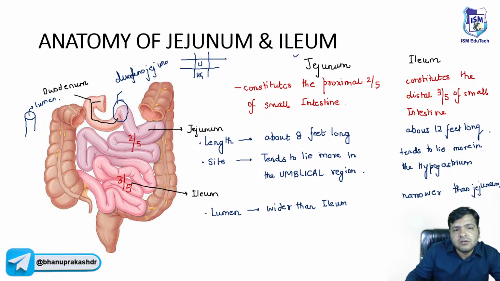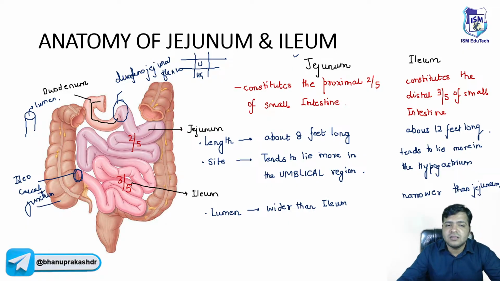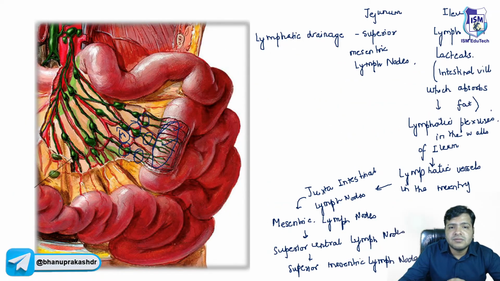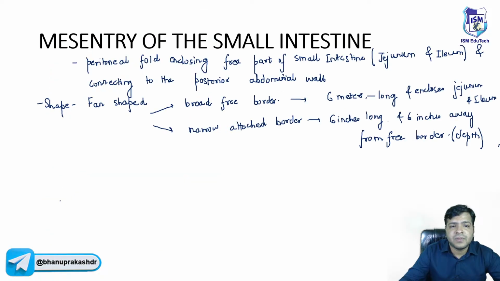So the beginning of the jejunum is from the duodenojejunal flexure, and it ends at the ileocecal junction. Similarly, the mesentery starts from the duodenojejunal flexure to the ileocecal junction.